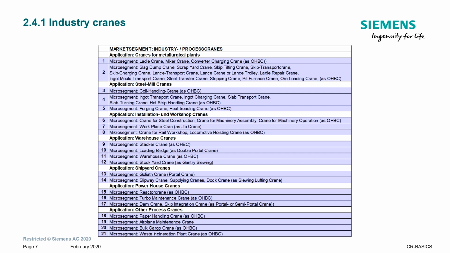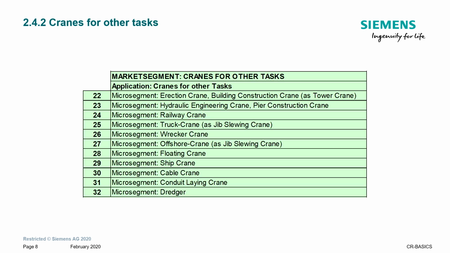And if you have from your experience, for example, a turbine house crane, you can also find it in this list. The same we have for cranes for other tasks. As you see here, there are also ship cranes and cable cranes with a special purpose, which is not standard in the industry or harbor business.